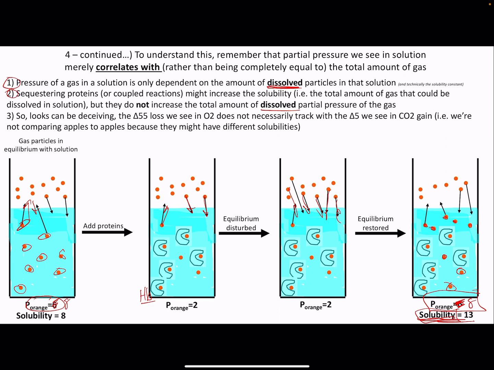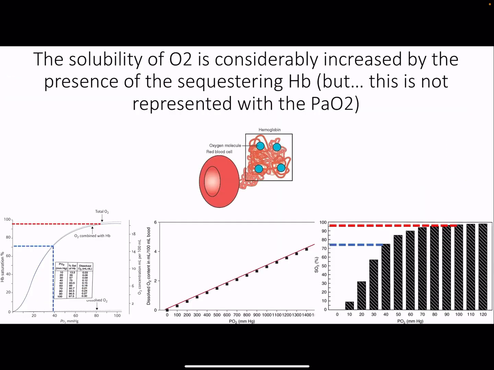That's just a general rule of thumb. The point being that with the 55 loss and the 5 gain, there might be more going on behind the scenes with the solubility, sequestering proteins, secondary formation reactions and things like that.